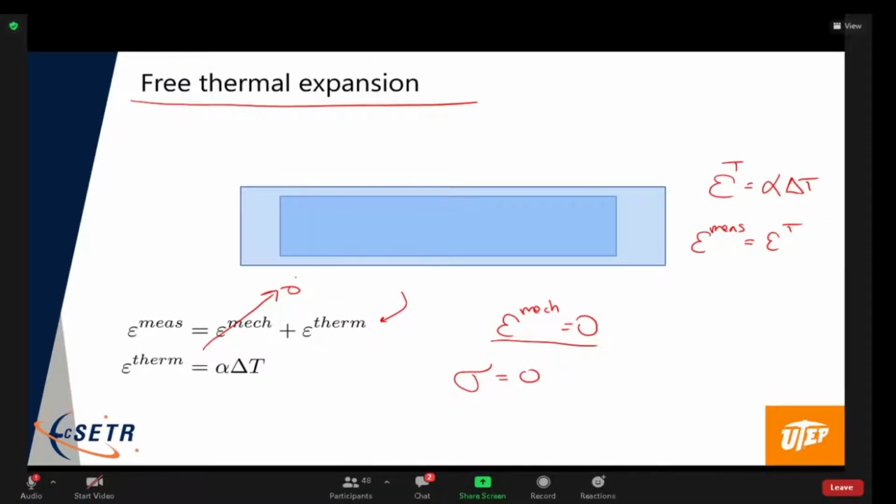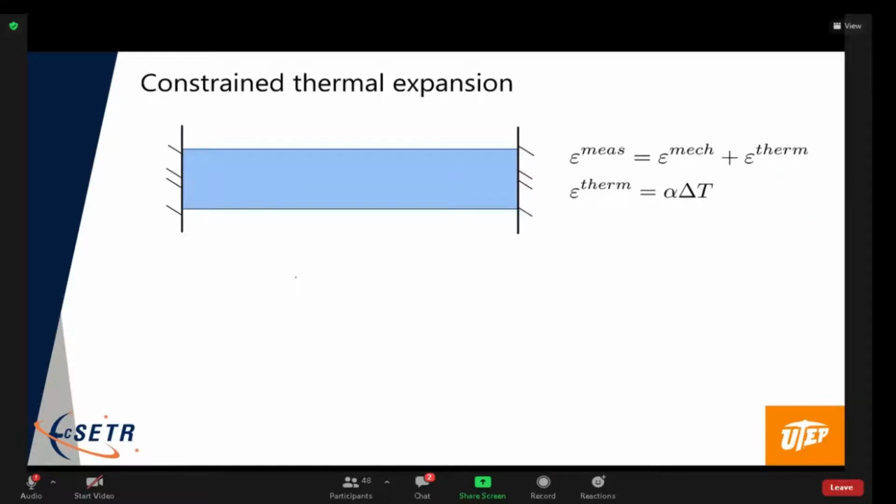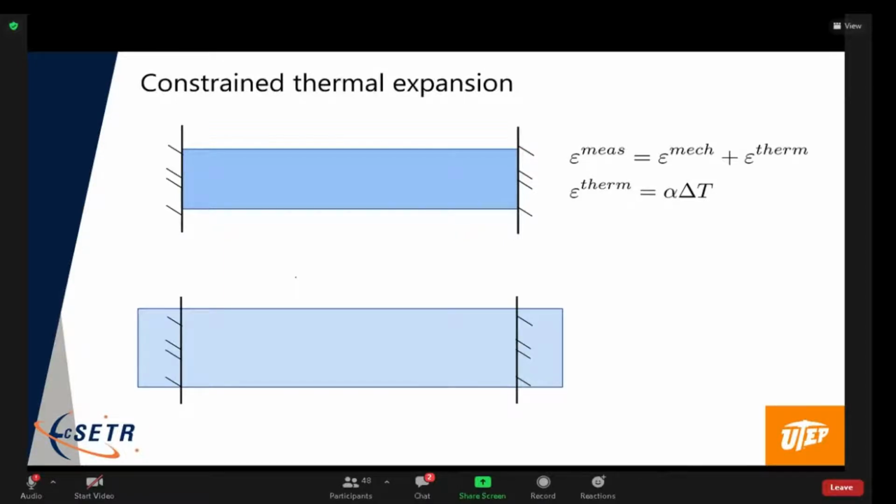Now, this is going to change when we constrain it. So now we have basically the same bar. I'm going to apply a temperature on it, but it's fixed at the ends, right? So it can't expand. So we heat it up, it wants to expand, but in fact, it's constrained, so it cannot expand.